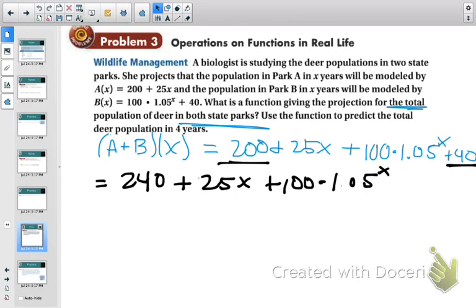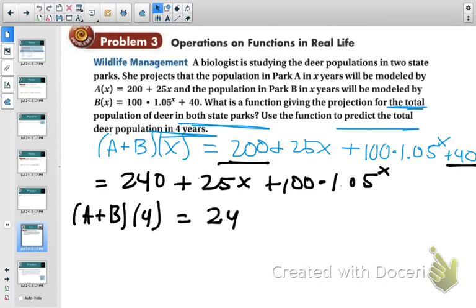And then it says predict the total in 4 years. So then we plug 4 in for x. So A plus B of 4 equals 240 plus 25 times 4 plus 100 times 1.05 to the 4th.